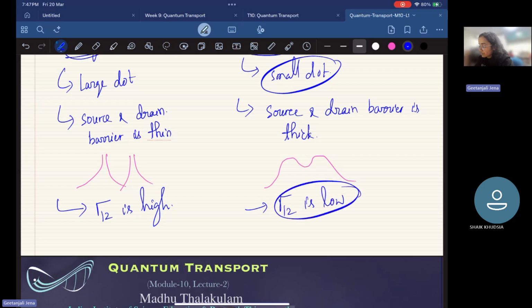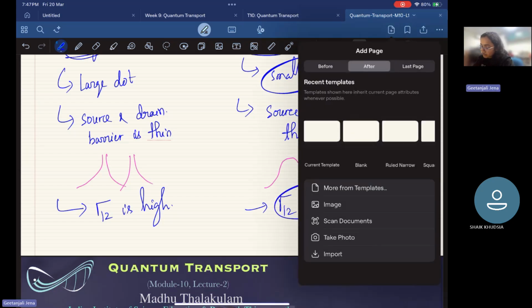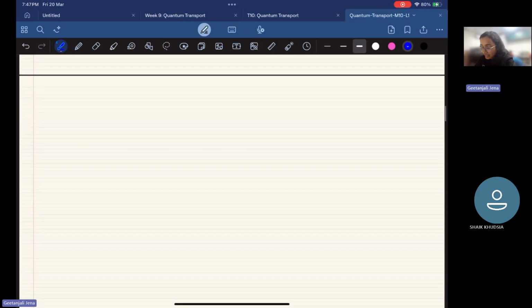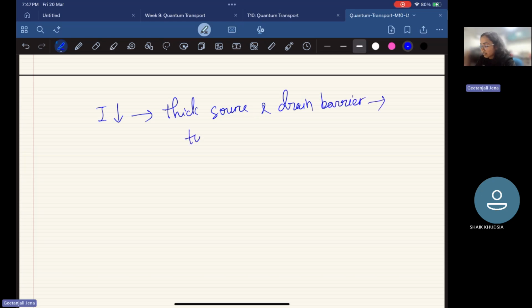So that is why we can say that when we move from the right side to the left side, the current is getting low. It is because of the thick source drain barrier. This thick source and drain barrier decreases the tunnel rate. That is why we're seeing a low current.